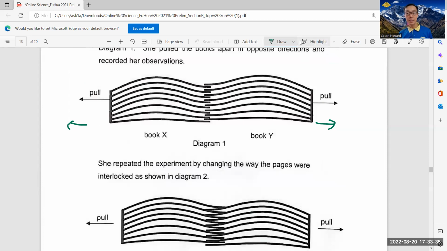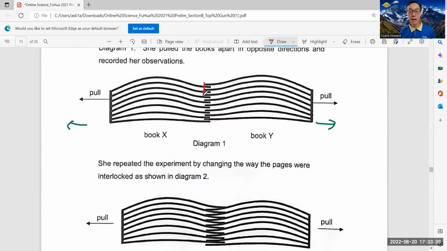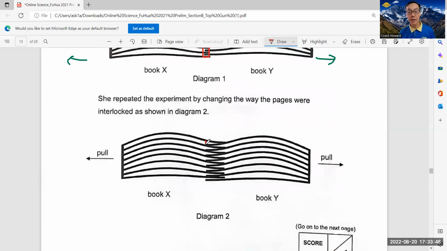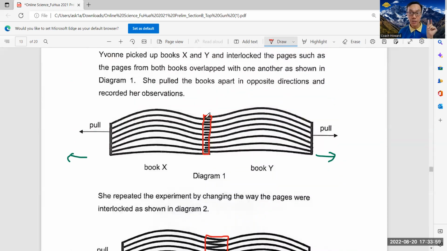So what I want you to do is, you can actually use a ruler to measure this part. If you print out correctly on A4 size paper, you measure this width, and then you compare this width, you will notice something. In diagram 2, the width is almost 4 times the size of this. So what does this tell you?